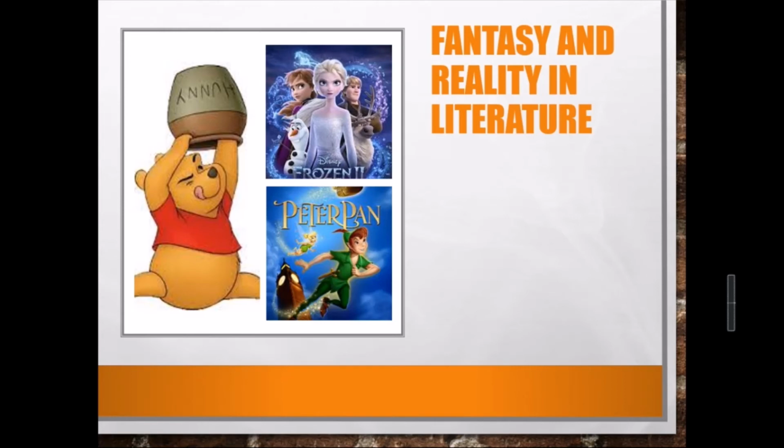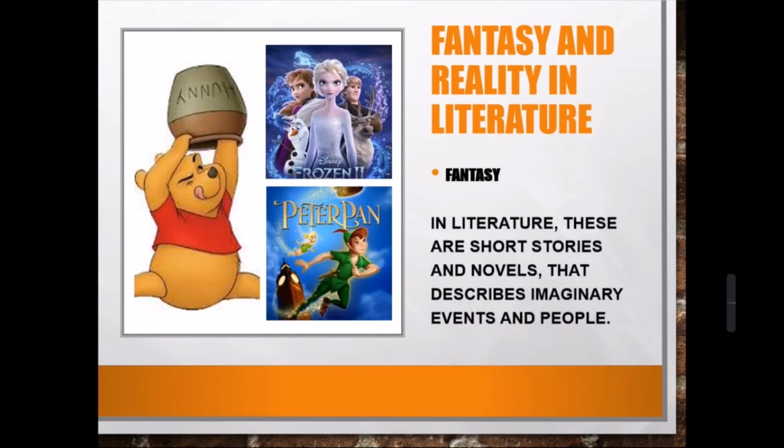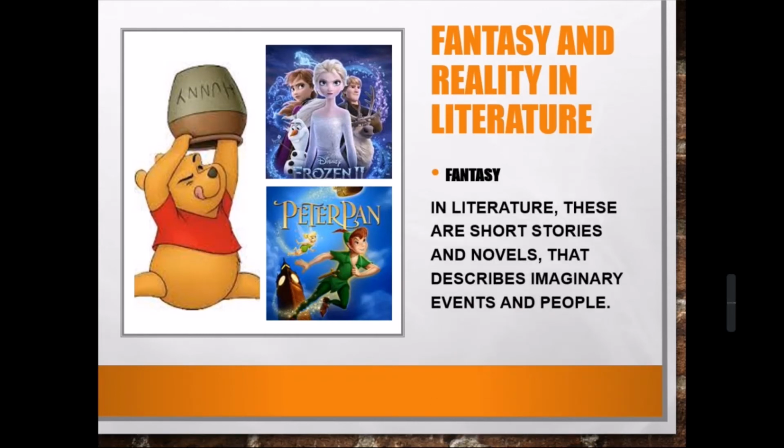So fantasy and reality in literature is, for example, we have Frozen. We have a princess with supernatural powers, Peter Pan, a fairy, and also Winnie the Pooh, a fictional or fantasy character with human characteristics.